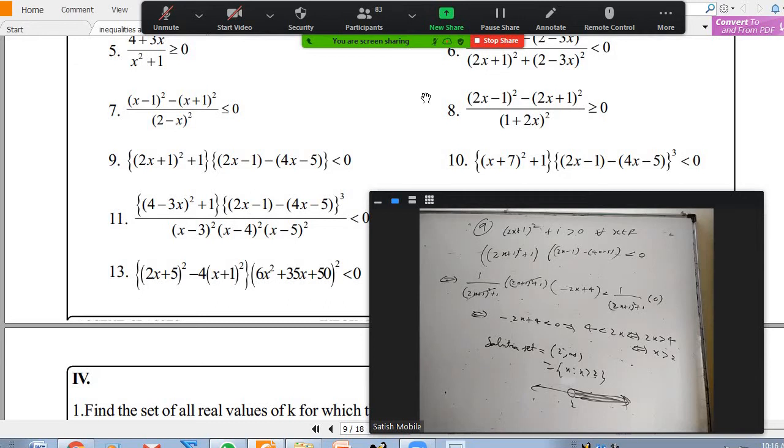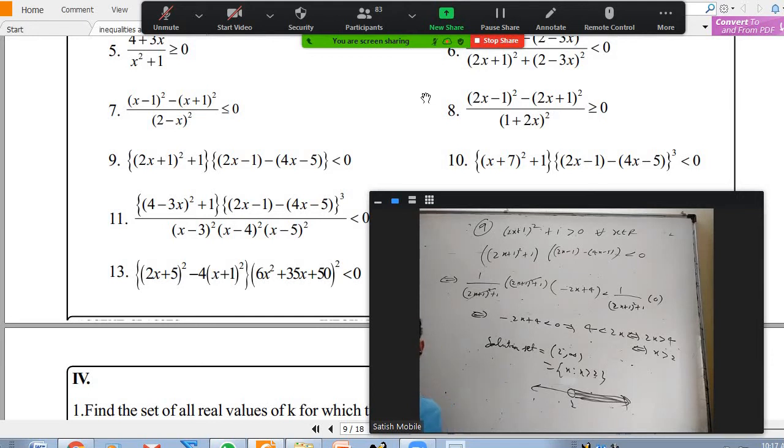Oh, x is minus 1 by 2. Any perfect square without adding or subtracting a number can be 0 also. It cannot be negative, but it can be 0. If you want to know at what x value it is 0, simply equate it to 0: 2x plus 1 equal to 0. Find the x value, you will get minus 1 by 2.